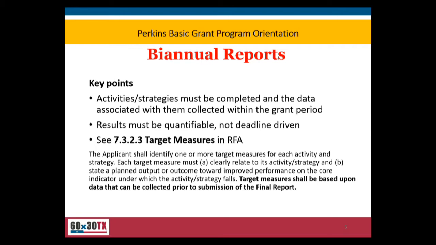The target measures shall be based upon data that can be collected prior to the submission of the final report. So if you have either graduation or a number of students receiving tutoring or whatever the data is, you need to be able to collect it before the August 31st deadline.